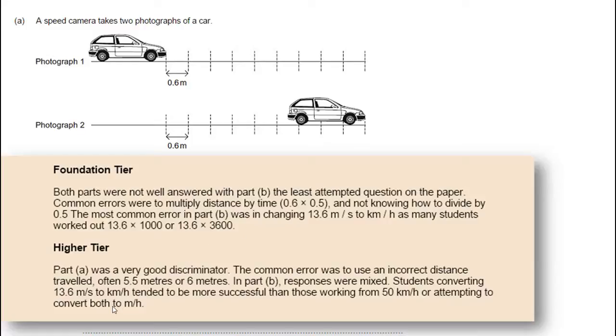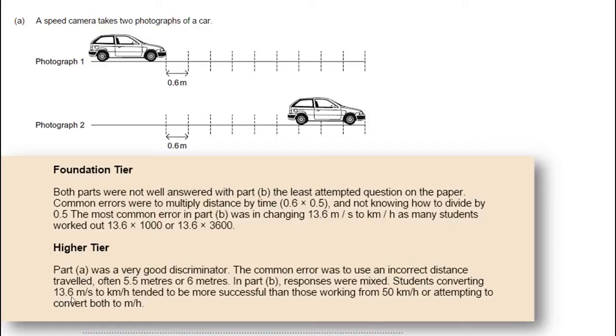Now in the higher tier, for the higher students, part A was apparently a very good discriminator. The common error was to use an incorrect distance travelled. So unfortunately people didn't add up the distance correctly. In part B, responses were mixed.